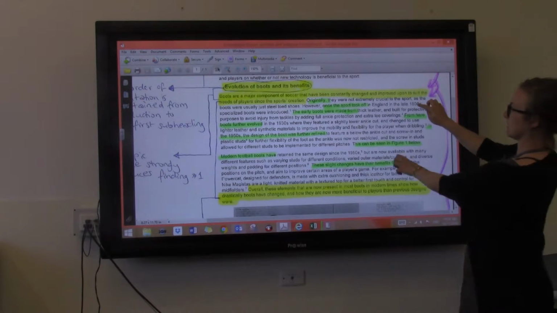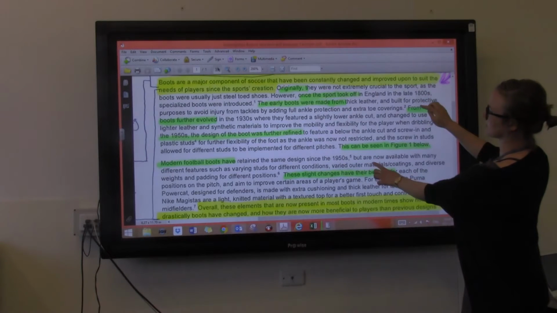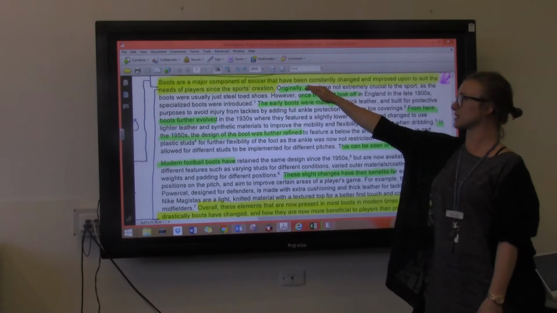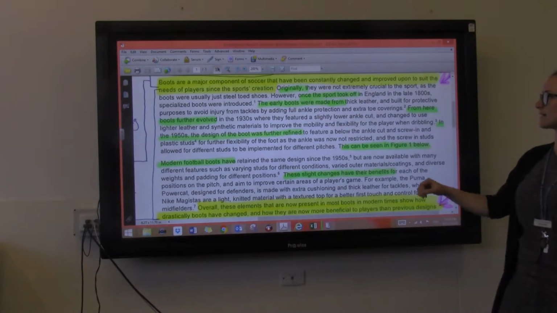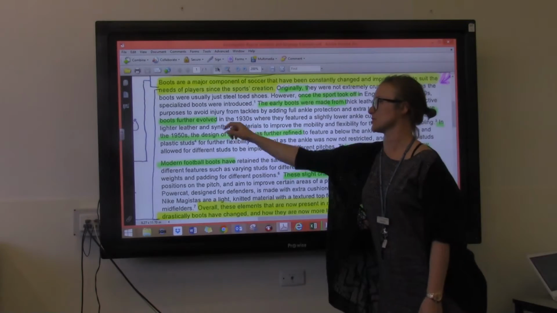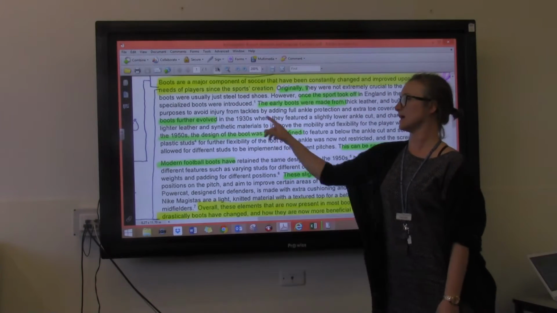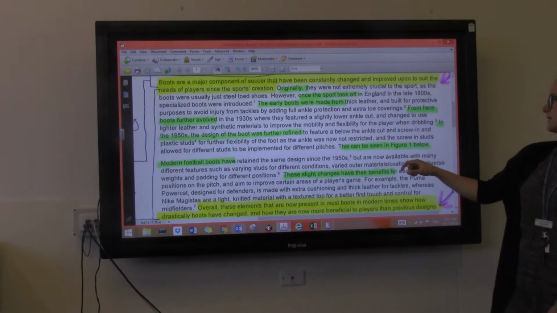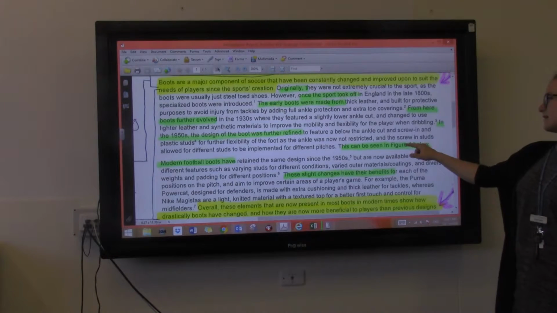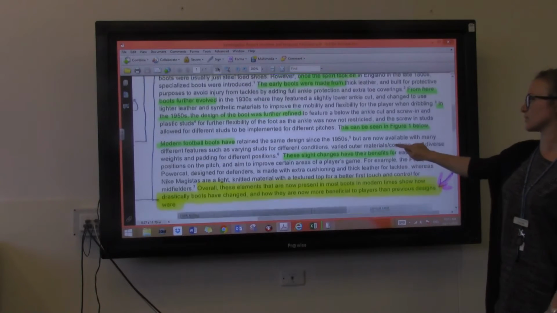If we zoom in, it originally describes what they were like, talks about early boots, then additional evolution, how design was refined. It's also, and this is another really important thing, referencing the figures that it shows below.